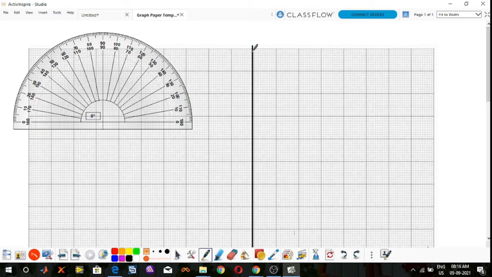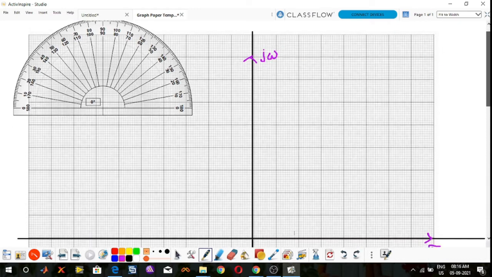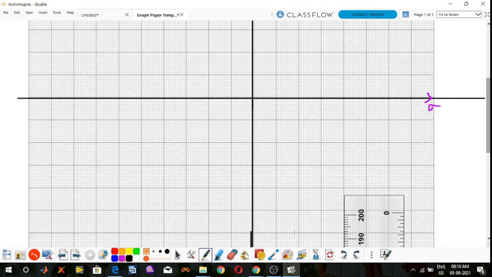After that, represent the scale. This is the origin point. One unit is equal to 1. This is the negative real axis, and this is the positive real axis.